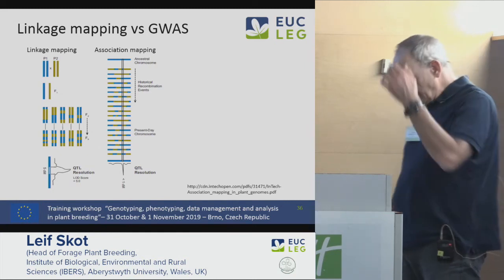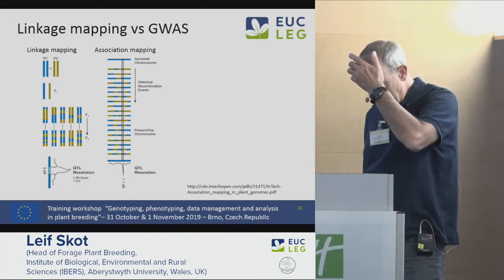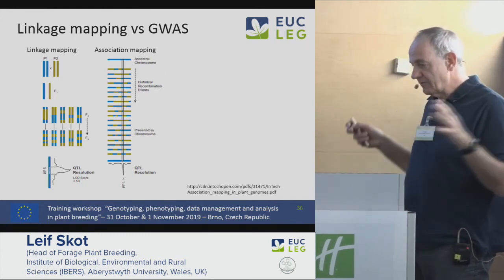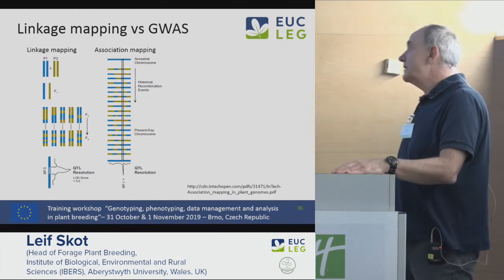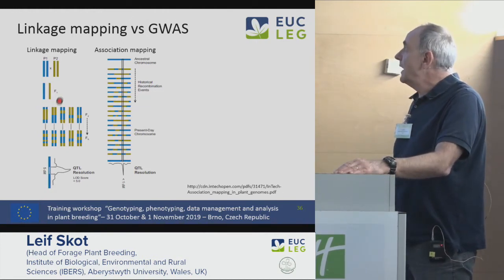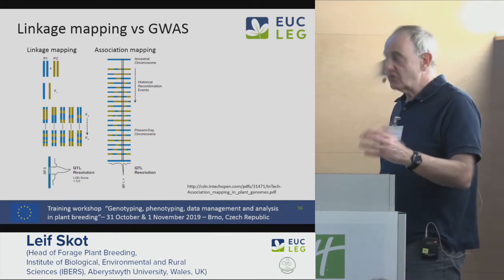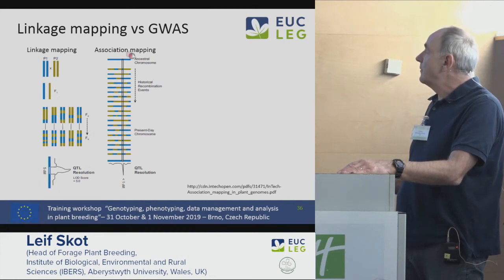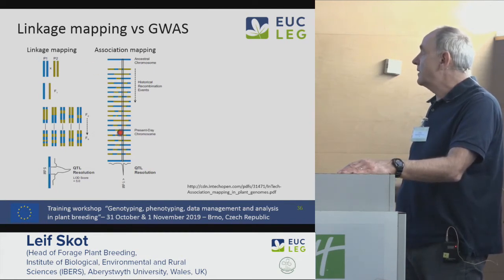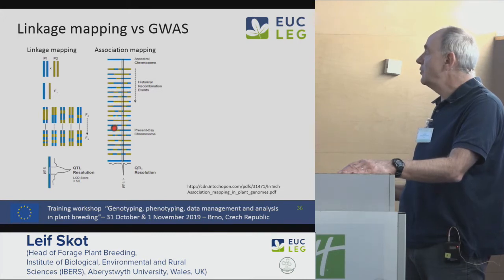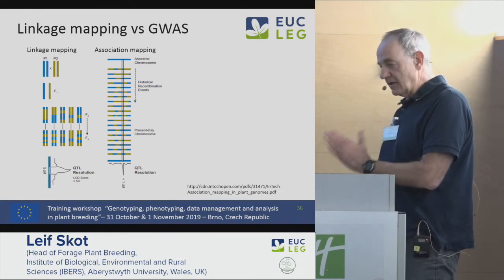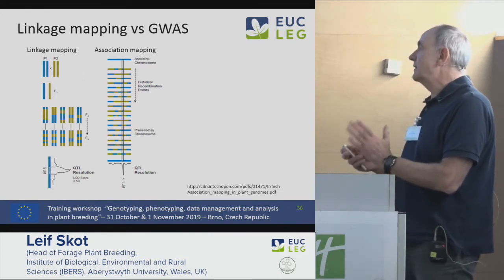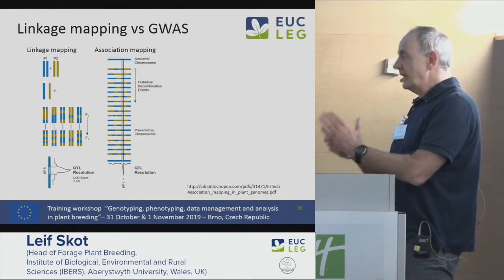But then association mapping relies on some effect of a founder population that was theoretically generated many generations ago, and then you have this SNP polymorphism that explains some trait. As the recombinations through the generations carry on, the region around that QTL, or where that trait is, becomes narrower and narrower.